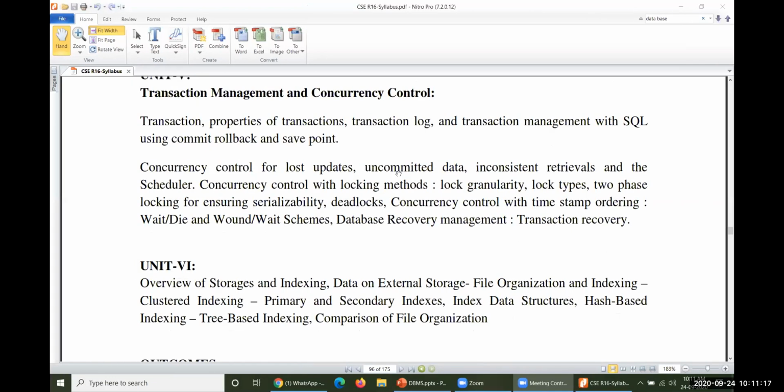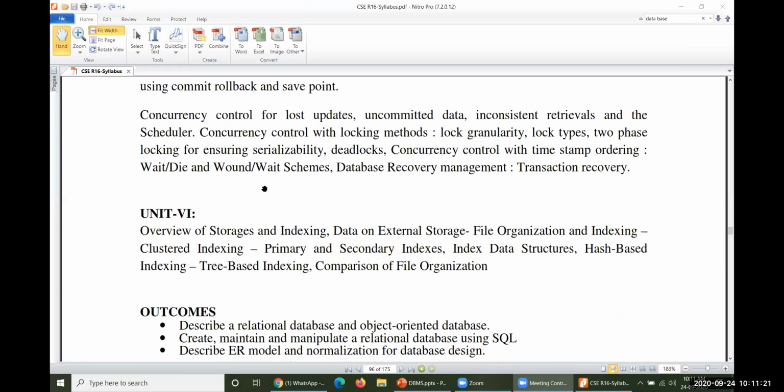And today we would like to discuss unit number 6, a very important unit. You could get approximately 16 marks from this particular unit. And it is very easy also because you have studied this unit in your ADS, Advanced Data Structures, also.